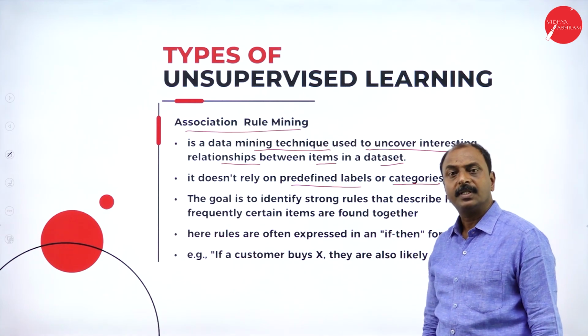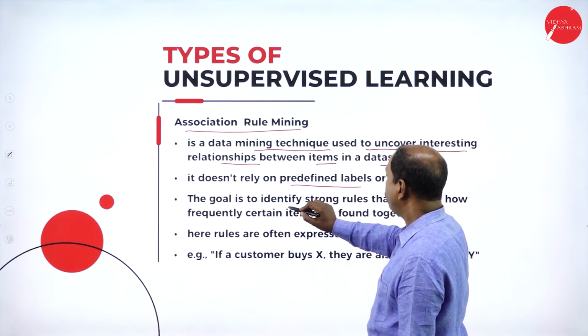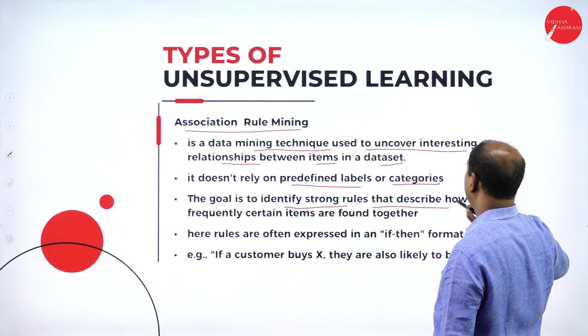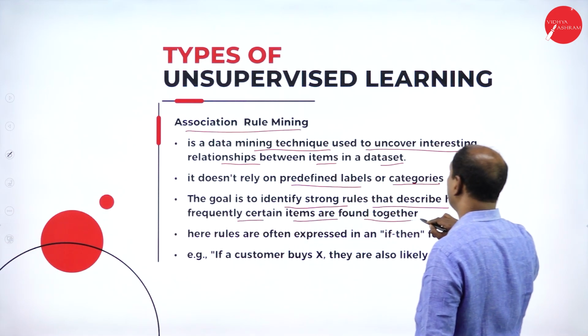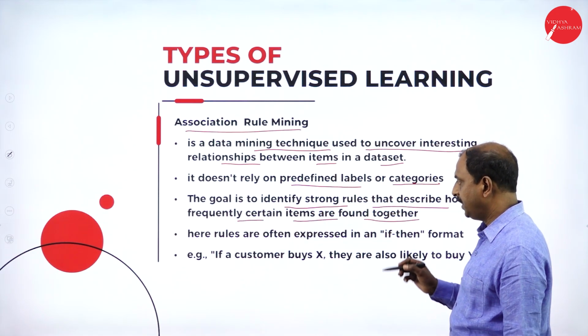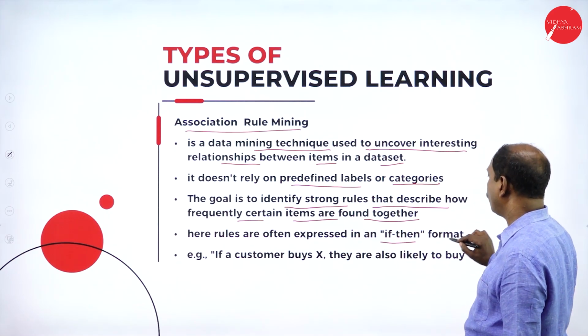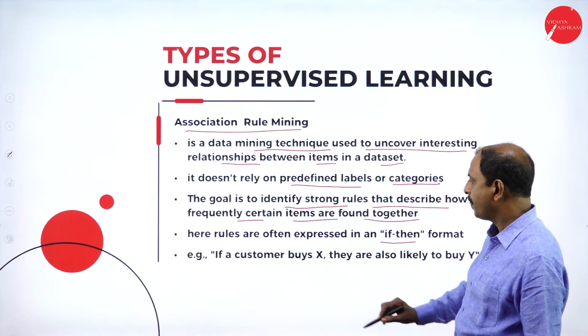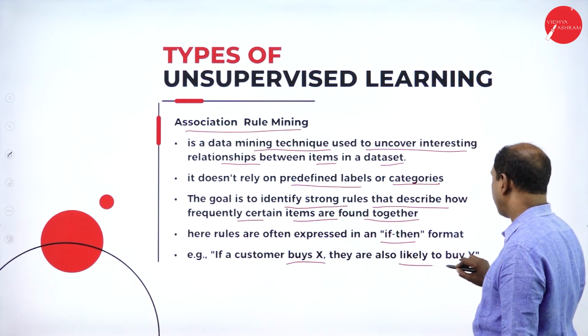It works with unlabeled data. The goal is to identify strong rules that describe how frequently certain items are found together. The rules are often expressed in if-then format. For example, if a customer buys X, then they are also likely to buy Y.